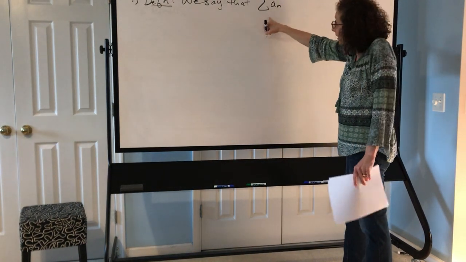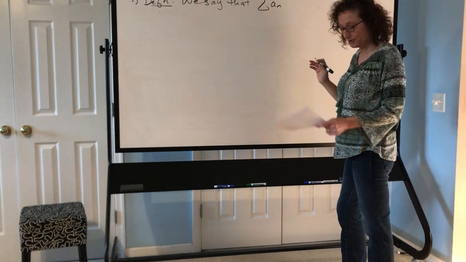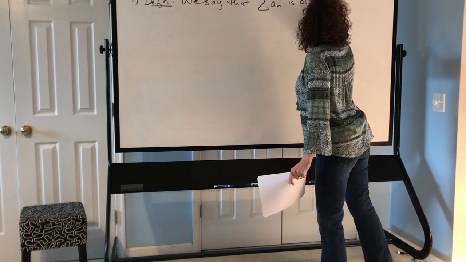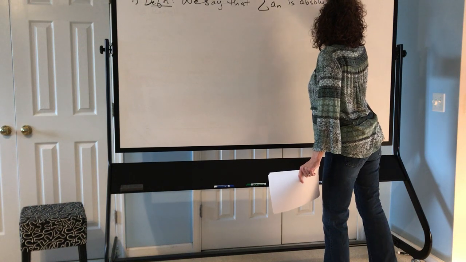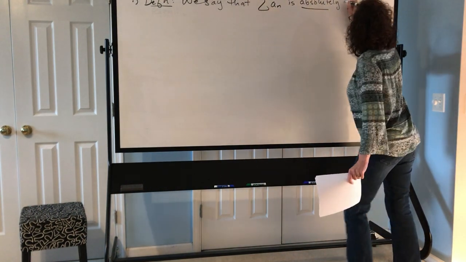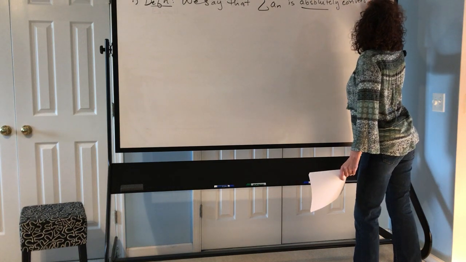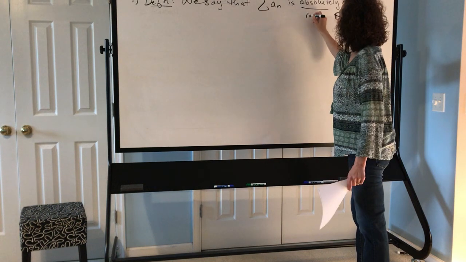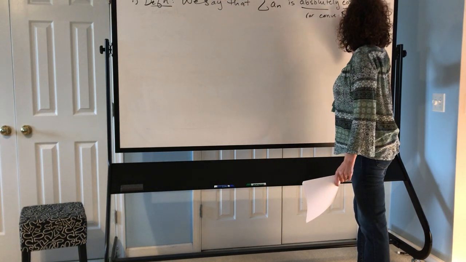Sum of a_n, that's our guy. That's who we're trying to figure out converges or diverges. But we say that series is absolutely convergent, right? What do you think that means? Or we can also say, or converges absolutely.